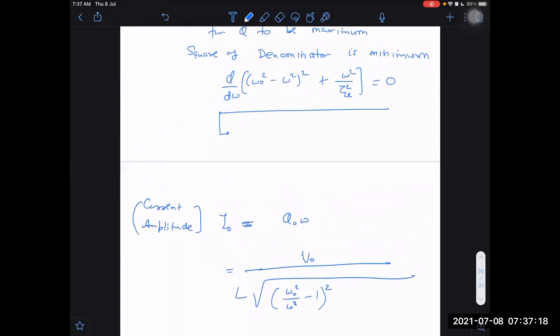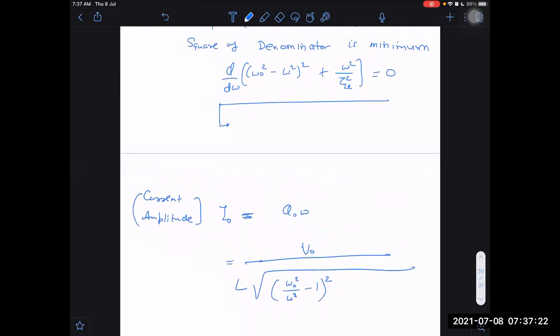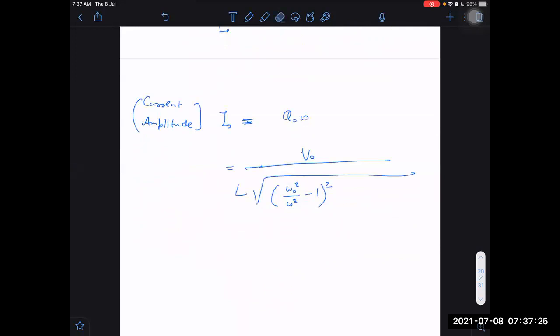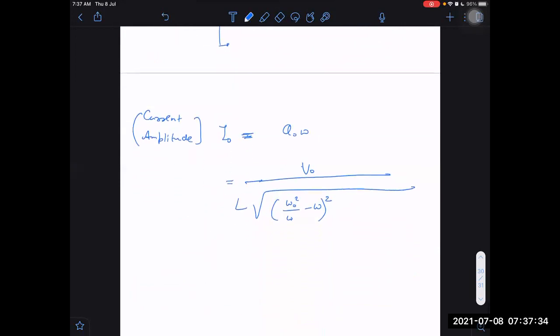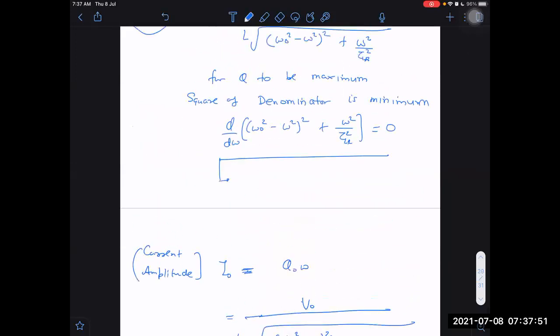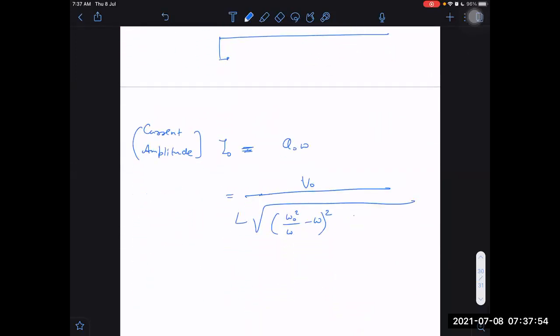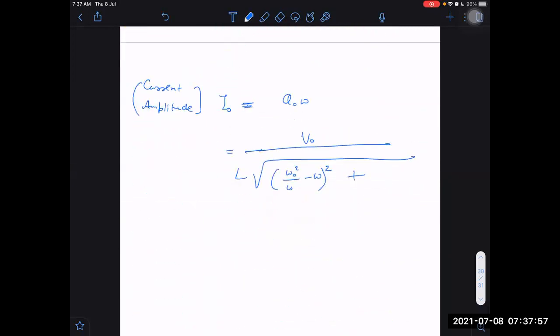Omega goes inside the square term. Plus, second, we are getting omega square divided by omega, that will be omega divided by tau square, the time constant of the LR circuit square. This is what we are getting.